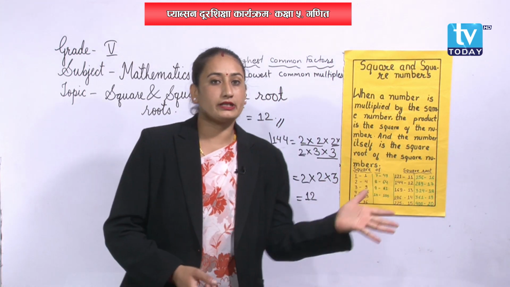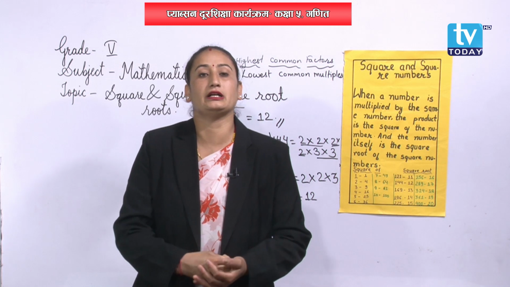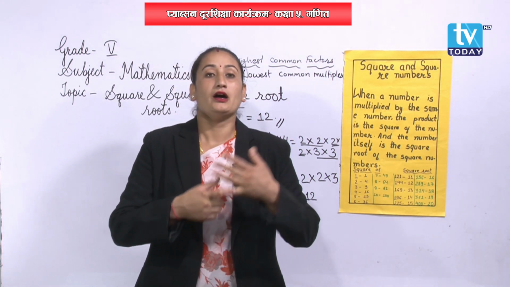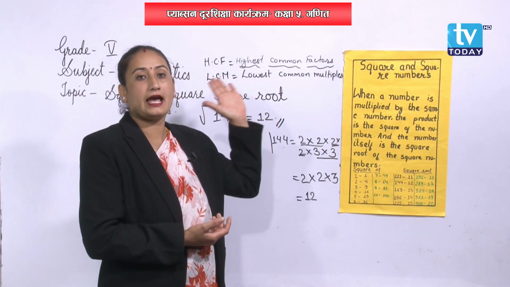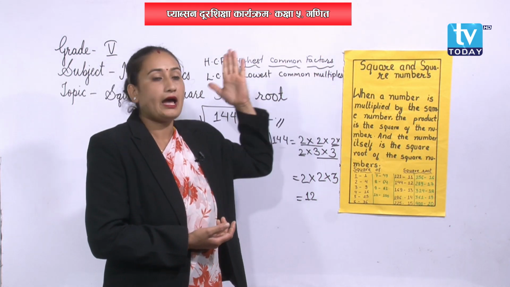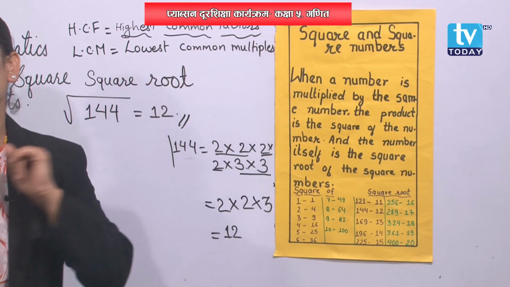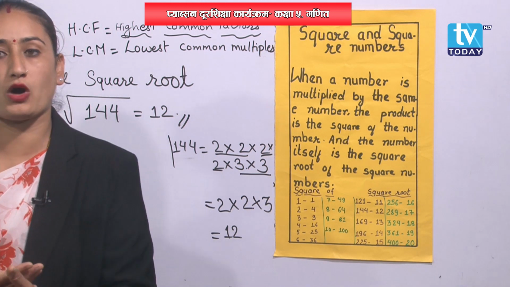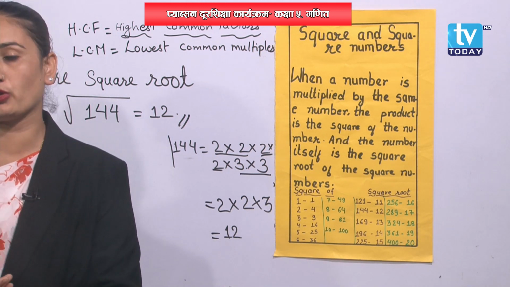Today we learned specially how to find the HCF and the LCM. The full form of HCF is highest common factor and the full form of LCM is lowest common multiple. And we did square numbers and square roots.